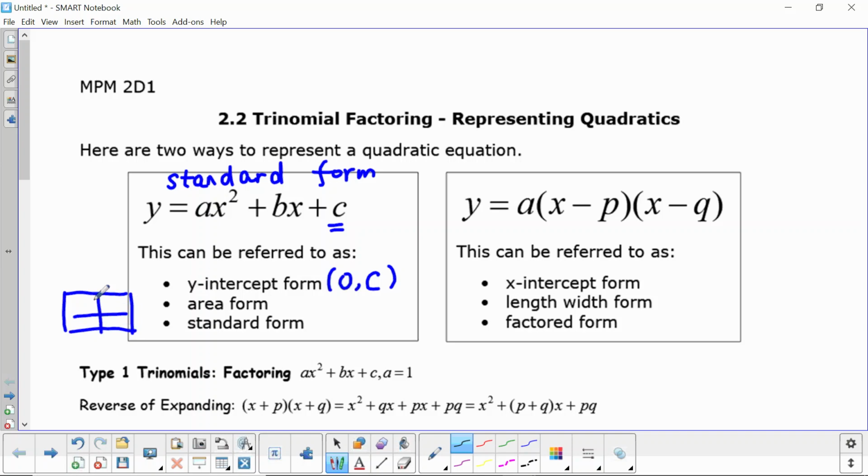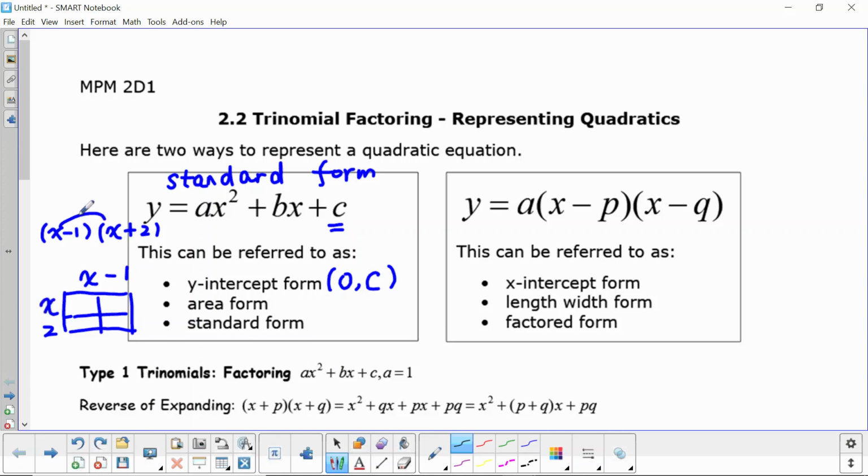For example, if we have x minus 1 and x plus 2, we multiply them together, one is length, one is width. We expand it, x minus 1 times x plus 2.